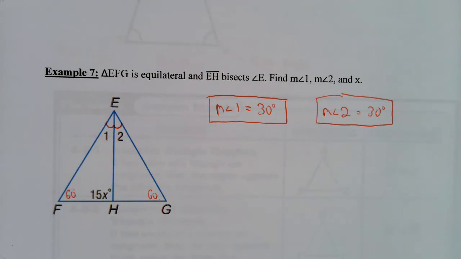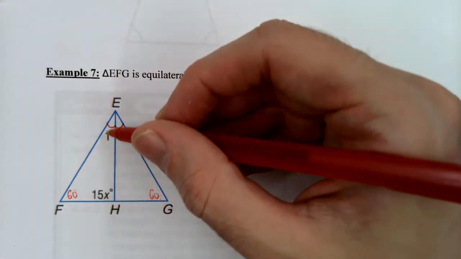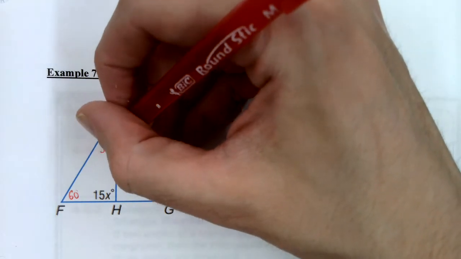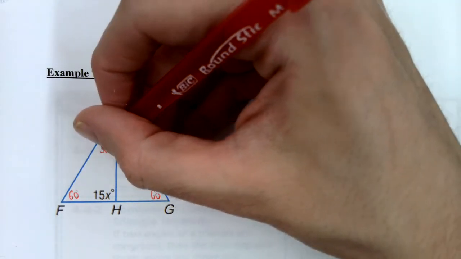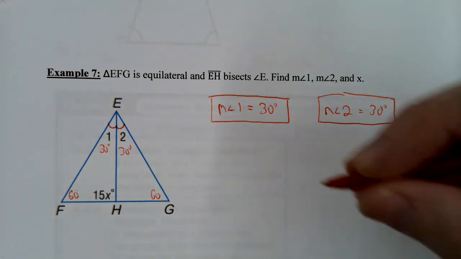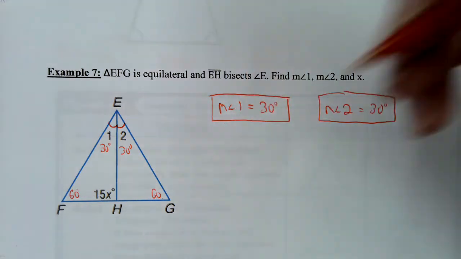And now to find x, let's focus on this small triangle on the left. And you know what, I'll just label this as 30. And I'll label this as 30. With that small triangle on the left, all the angles add to 180. So, triangle angle sum theorem.